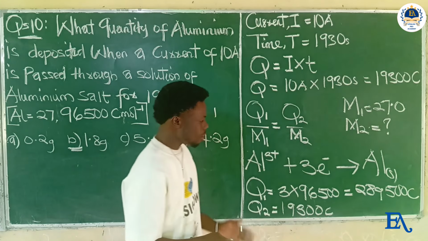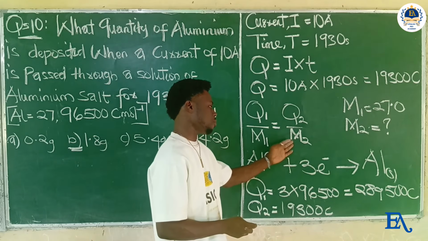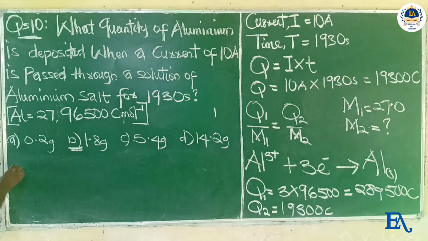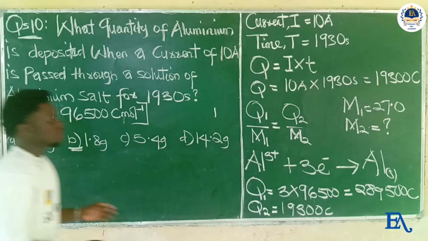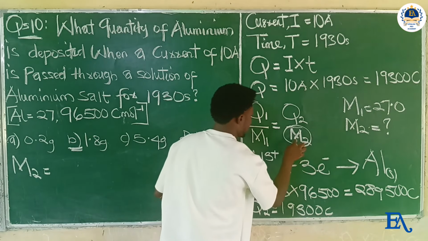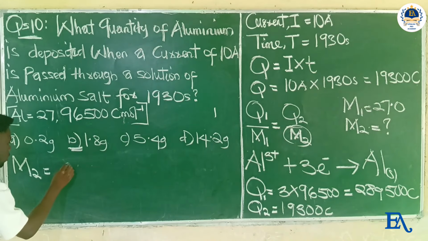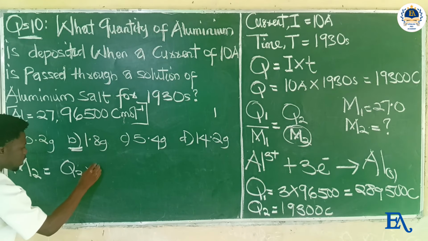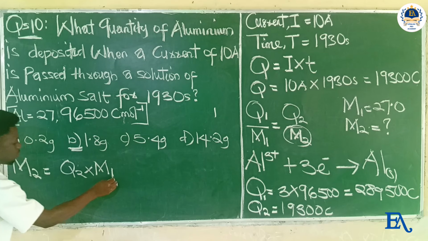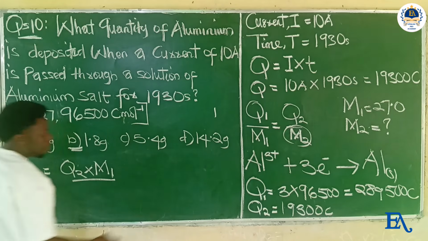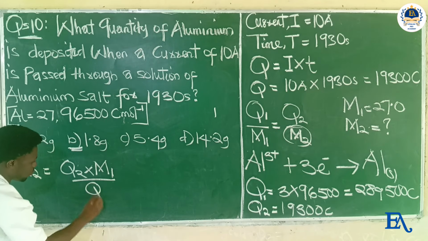So we are going to make M2 the subject of the formula from here. M2 equals Q2 times M1 divided by Q1.